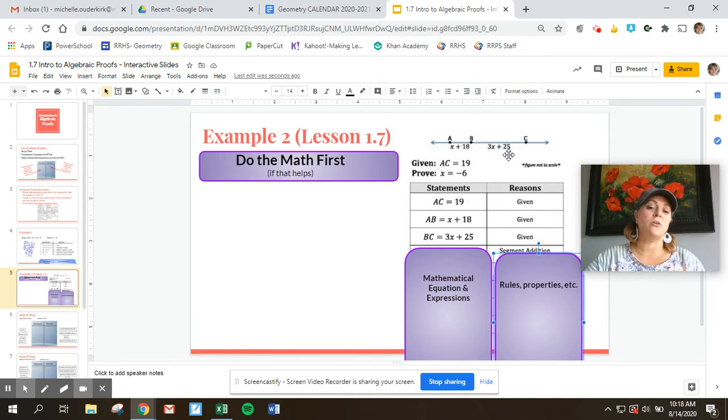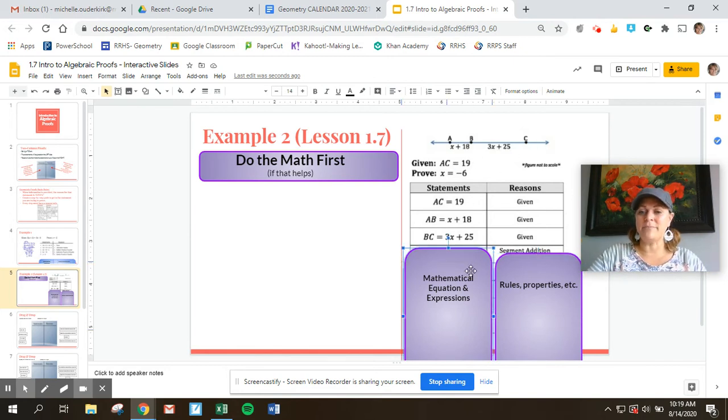All right, so as a concept, I'm hoping you remember angle addition or segment addition, and you can add this segment AB plus this segment BC and get the total segment. Okay, to do that, just add them up. Take the two segments, add them together, and set them equal to the total. We know the total is 19.